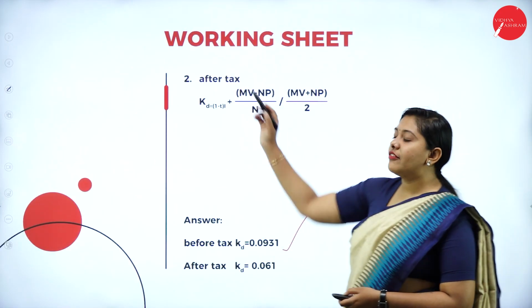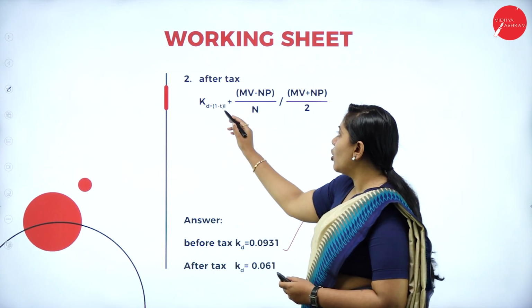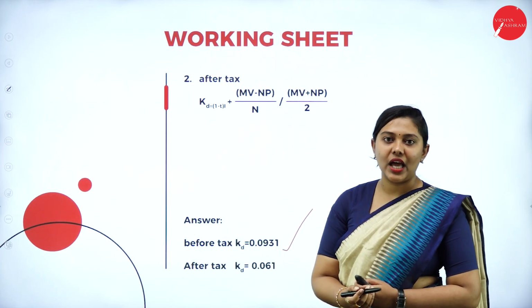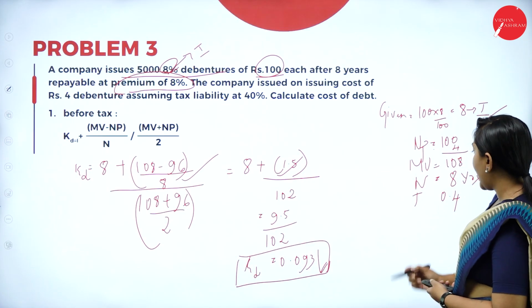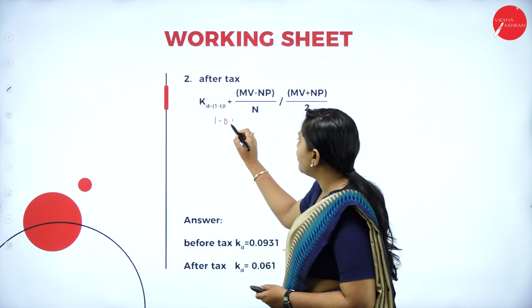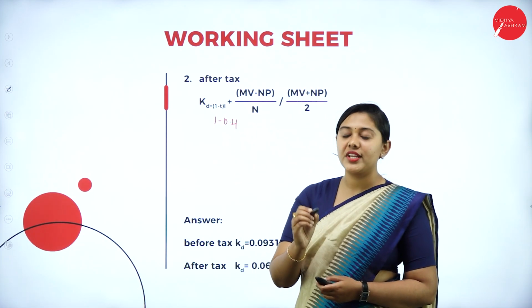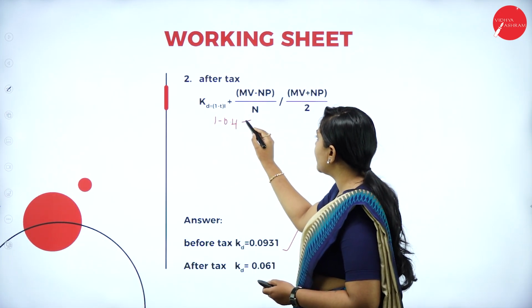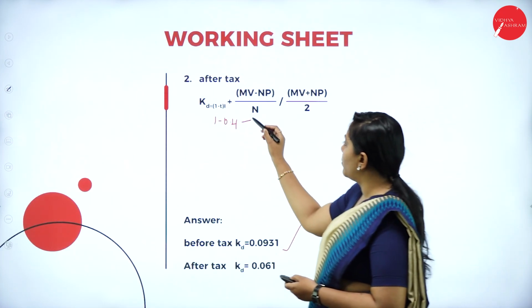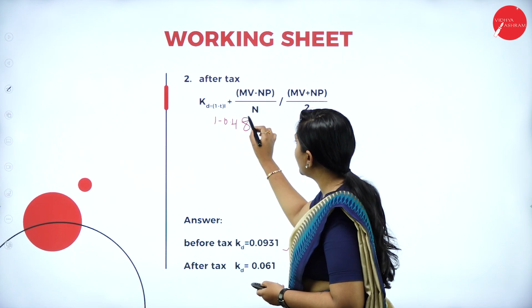So now the after tax formula. Only the tax is in addition to this. The rest of the formula is the same. So what is the tax rate? 0.4. 1 minus 0.4 will be 0.6. Plus the interest. What is the interest given? 8 rupees.